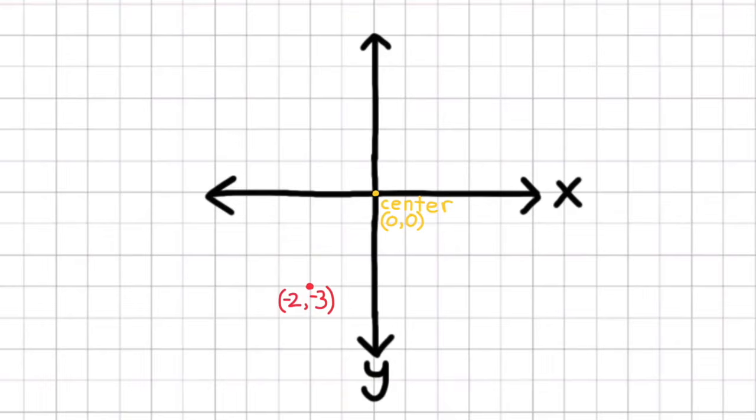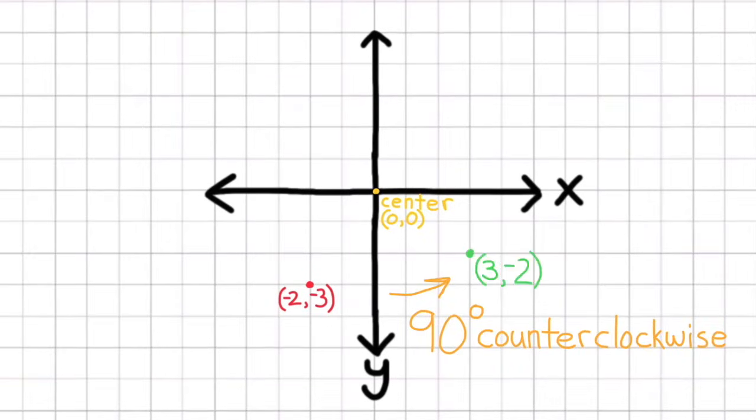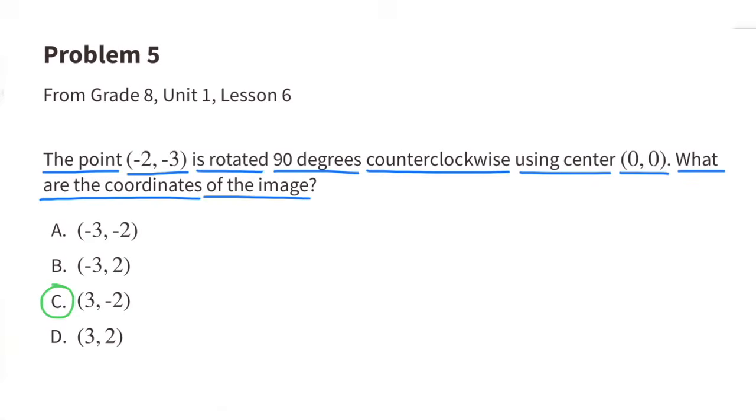Next, I need to use the center point 0, 0 to rotate counterclockwise 90 degrees. This would take me to the point's new coordinates, which would be located at 3, -2. So the answer would be C, the coordinates 3, -2.